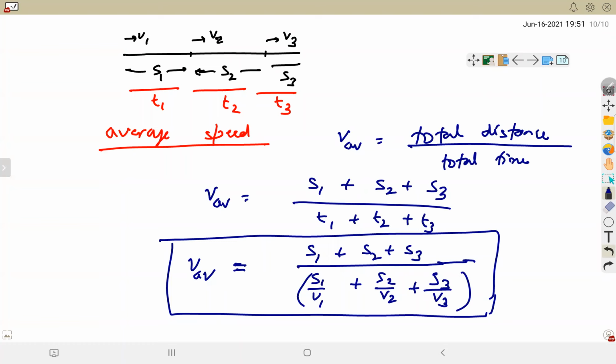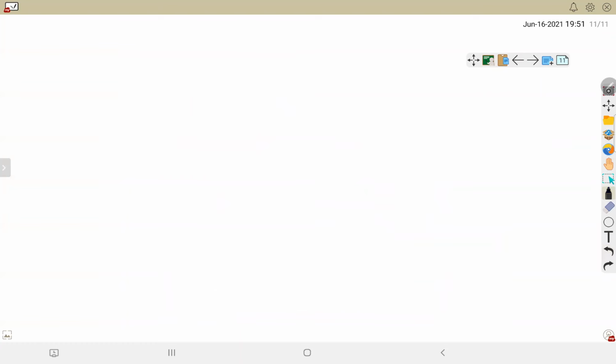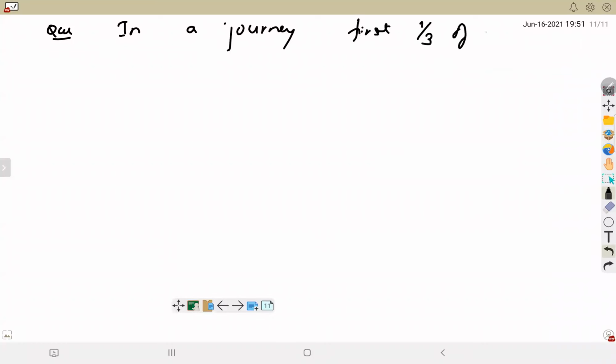Suppose in any journey, the first 1/3 of the journey is covered with the speed v1 and the remaining journey is covered with the speed v2.